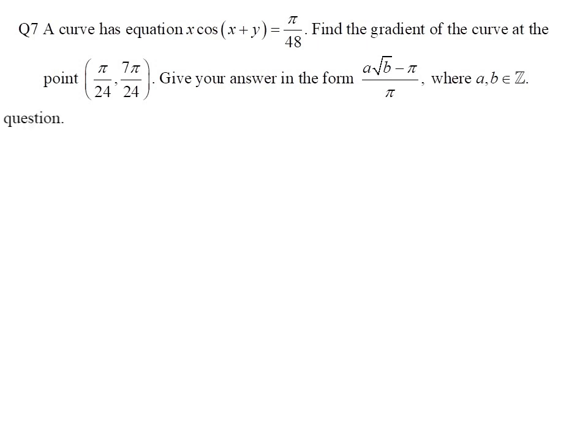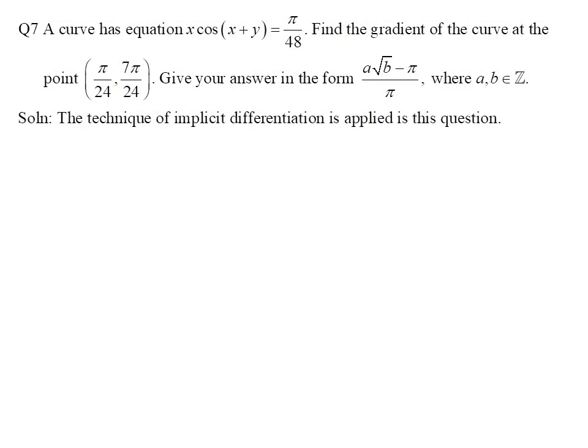To find the gradient of the given implicit function, the technique of implicit differentiation is applied here. So the differentiation of x times cosine of (x plus y) with respect to x equals the differentiation of pi over 48 with respect to x, which equals 0 because pi over 48 is a constant.